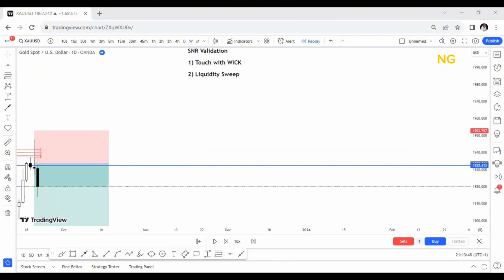This is a liquidity sweep. Liquidity sweep is simply when price taps into the previous high and takes it out and gets rejected downward.